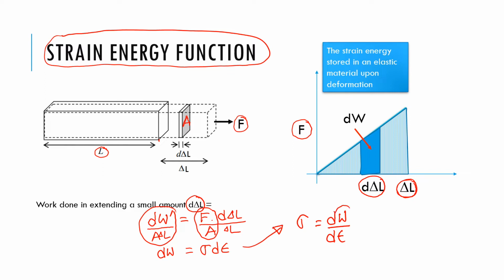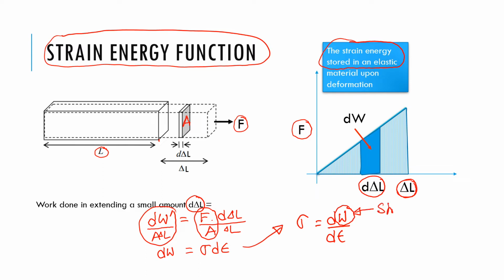So this W is here work done per unit volume, and so this strain energy stored in an elastic material would be this work done, and therefore this is the strain energy.